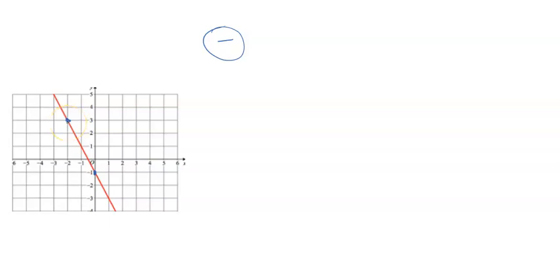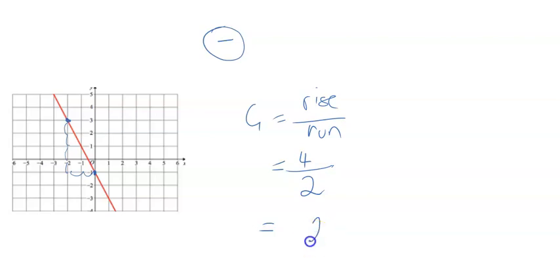So rise over run. 1, 2, 3, 4, and 1, 2. Over 2. 4 divided by 2 is 2. And I need to not forget it's a negative line, negative gradient. So you have to put the negative in front of it. So the gradient in this example is -2.